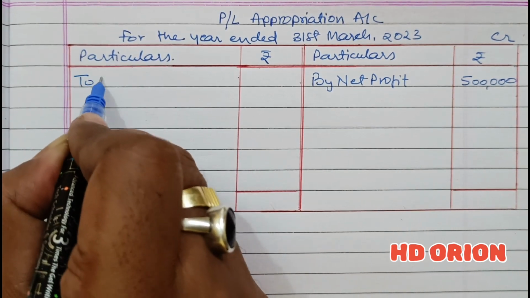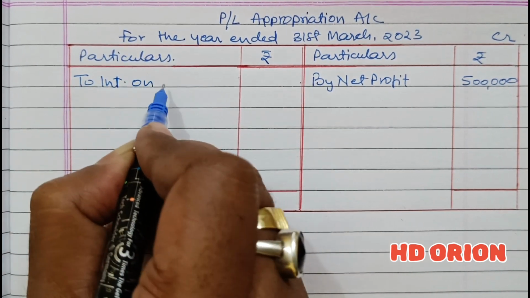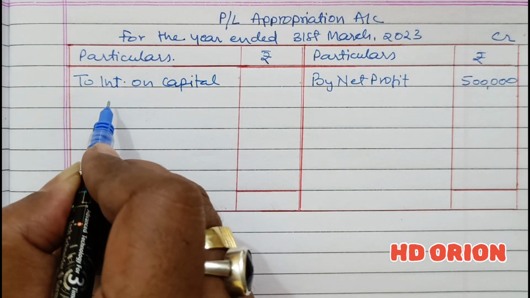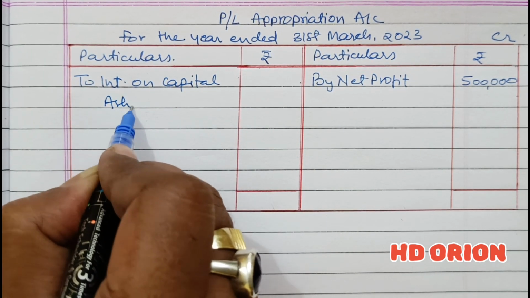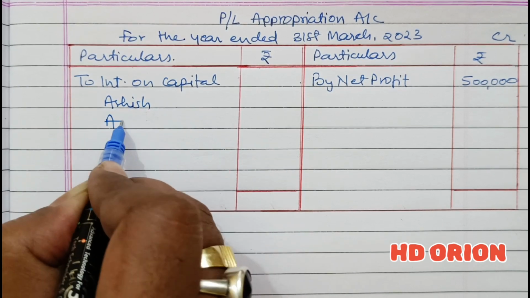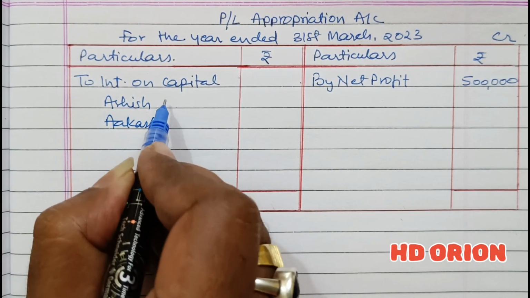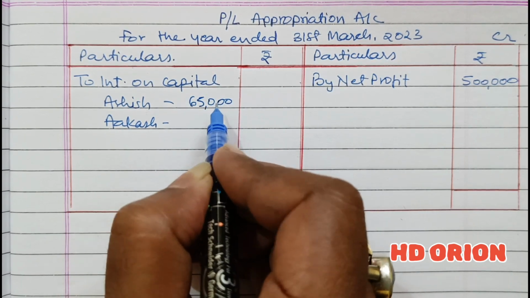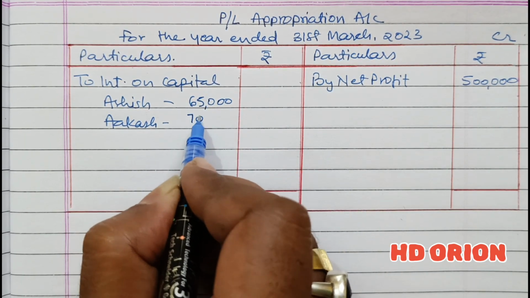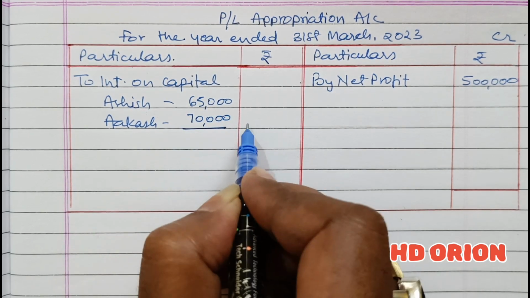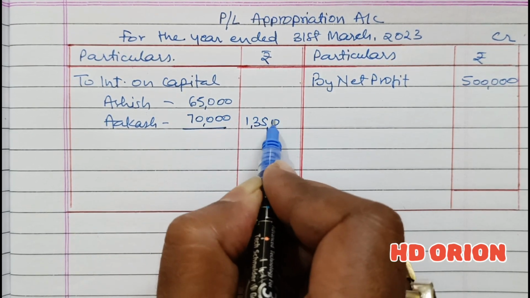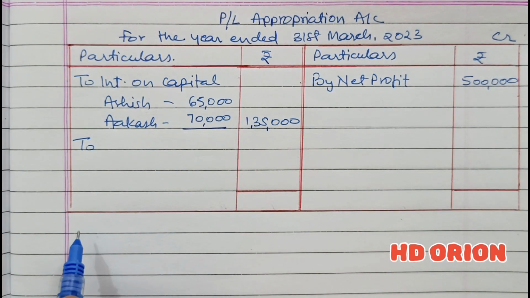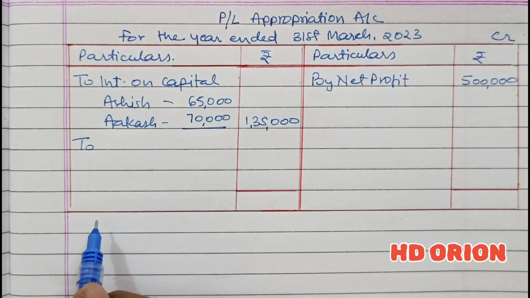So to interest on capital, to both the partners, Ashish and Akash. It is 65,000 and 70,000. So out of 5 lakh rupees, 1,35,000 is given to them in this ratio, in capital ratio actually it is.